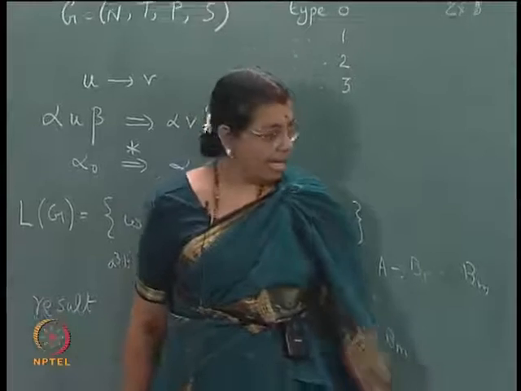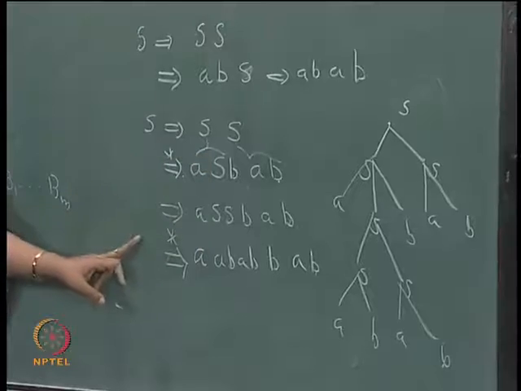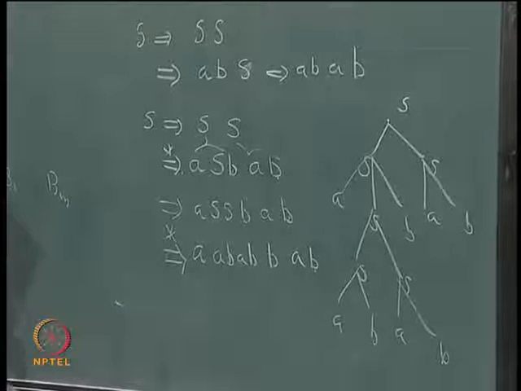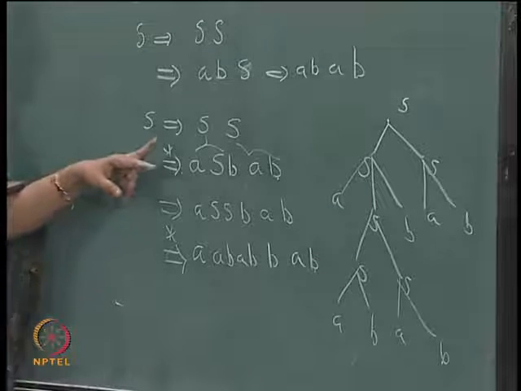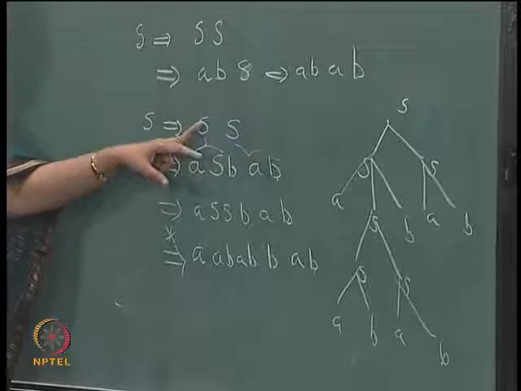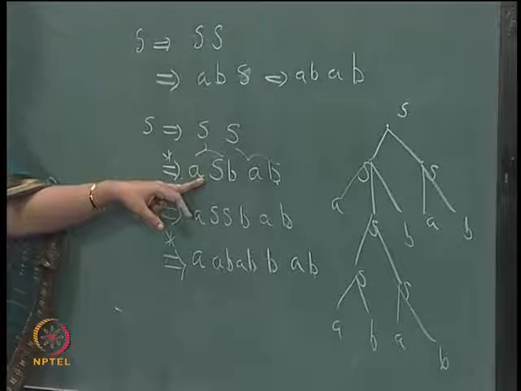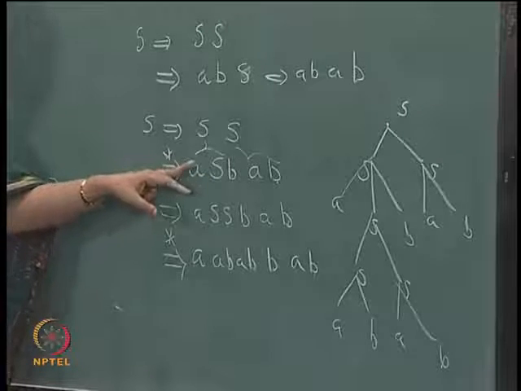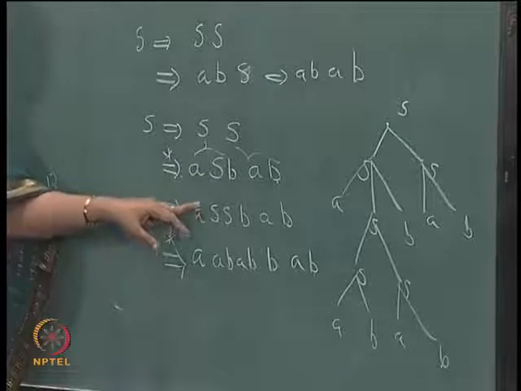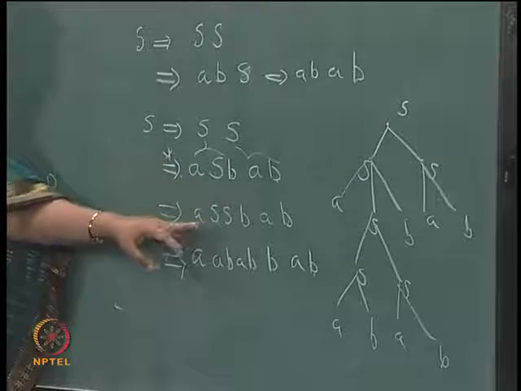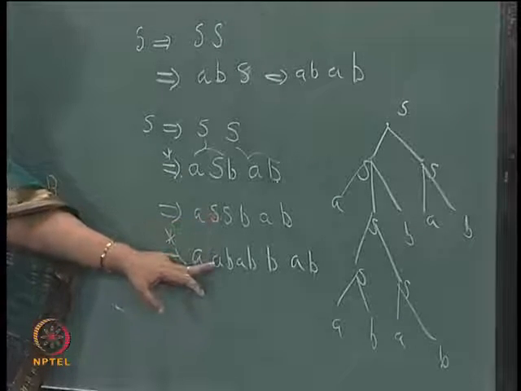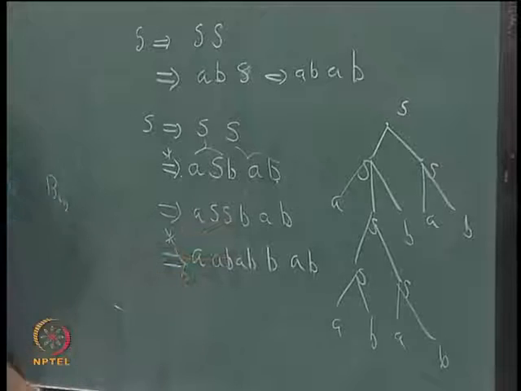The derivation tree for this derivation is that. So, please note that from going from this sentential form to this sentential form, 2 steps are involved. That is why I have put star here. From this to this, only 1 step is involved, S is rewritten as SS. Going from this to this, 2 steps are involved. S is replaced by AB, S is replaced by AB.